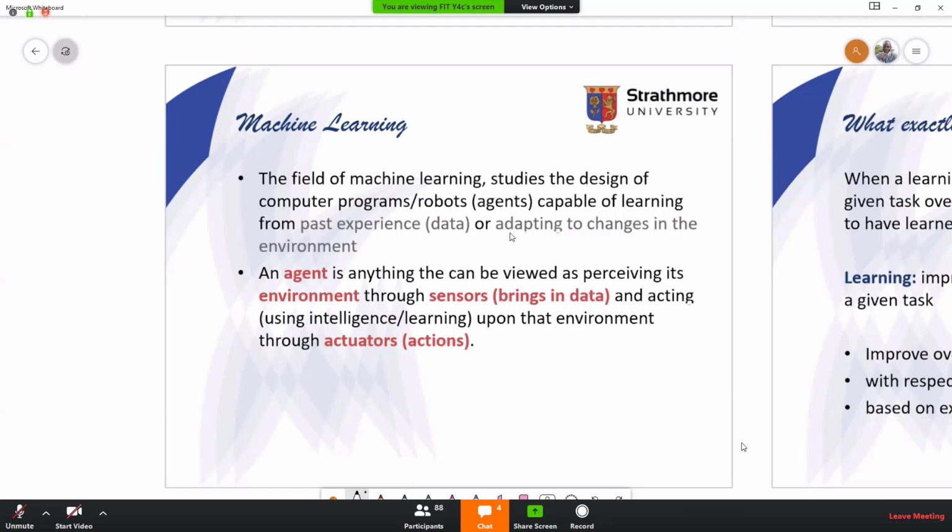The keyword I might highlight here is to adapt to the environment, to the changes. The rest is revision. Adaptation is the main thing. That's what you're being reminded.